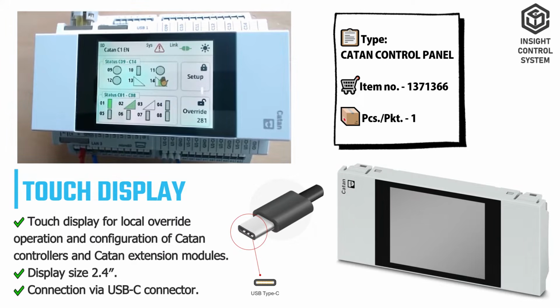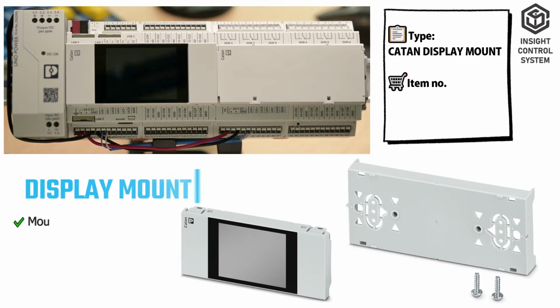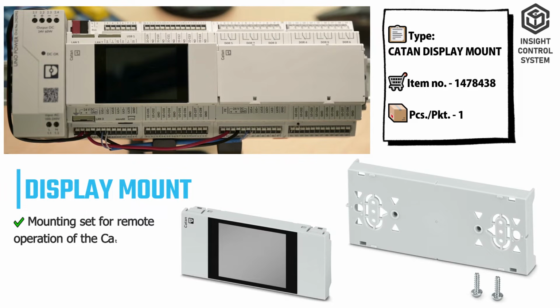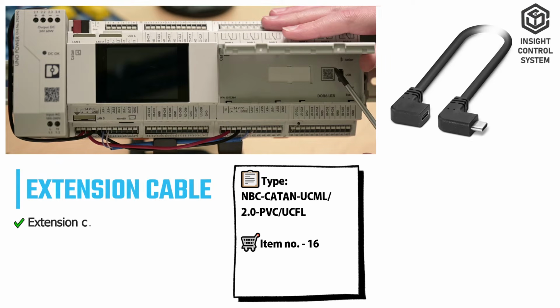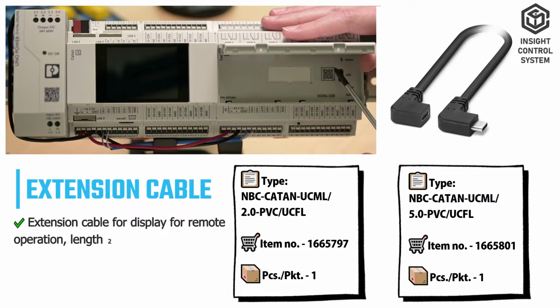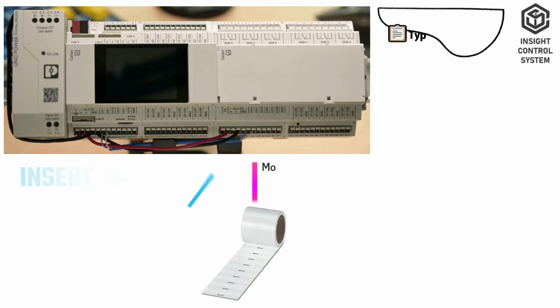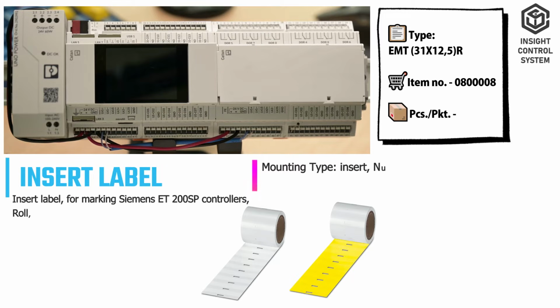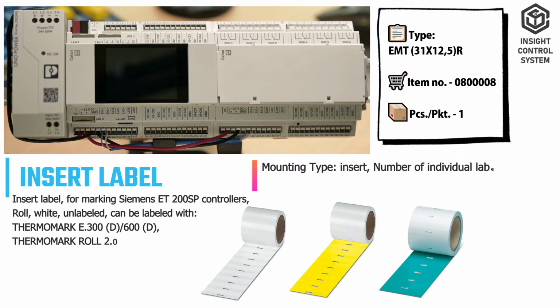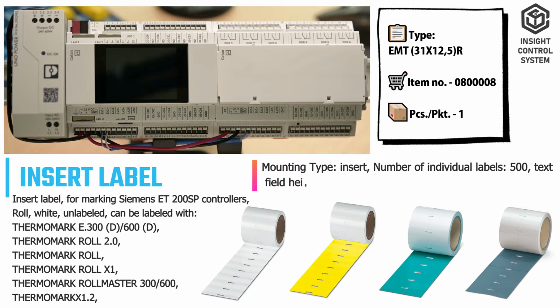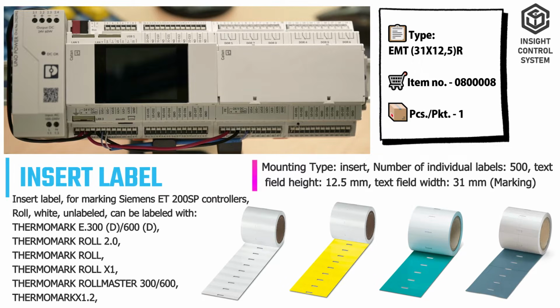Connection via USB-C connector. Display mount: mounting set for remote operation of the CATAN display. Extension cables: the extension cable is used for remote operation of the display and is available in 2 and 5 meter lengths. Label: the label mounting type is insert. Number of individual labels is 500. Text field height is 12.5 mm and width 31 mm.